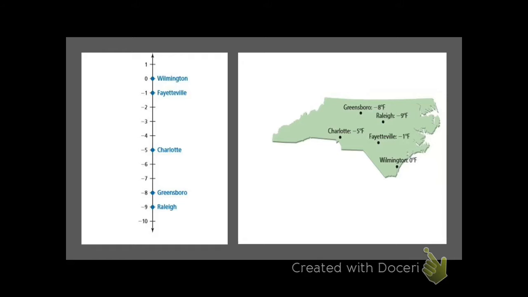We're going to use the vertical number line right now because all of our temperatures were either 0 or below 0. So I have each temperature marked and I have the city beside it. And that gives me a picture. So which city has the coldest recorded temperature? Well, the one that's further away from 0 is going to be the coldest. So Raleigh had the coldest temperature with a -9, or sometimes they would say 9 below 0.